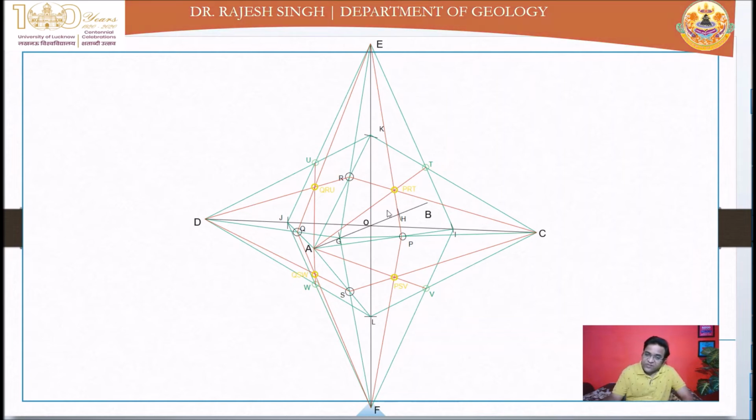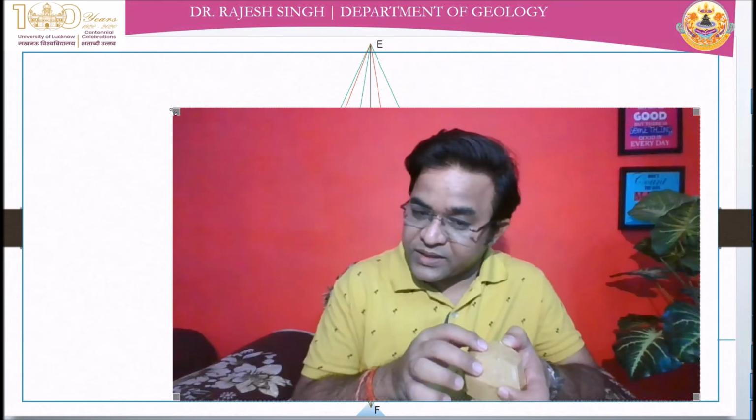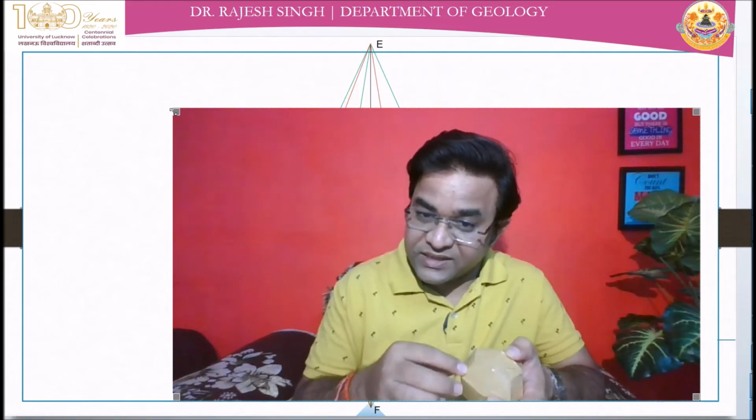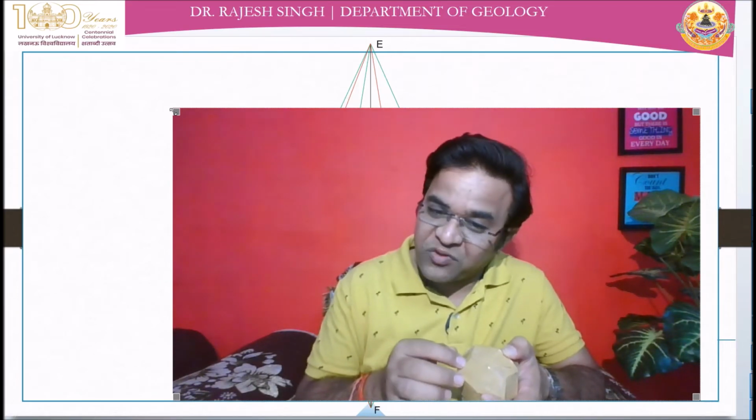But for drawing the trapezohedron outline, only 3 lines are important. These lines join the points P, R and T. That's why this point is named PRT. 3 edges are generated, and all 3 edges are of equal length.